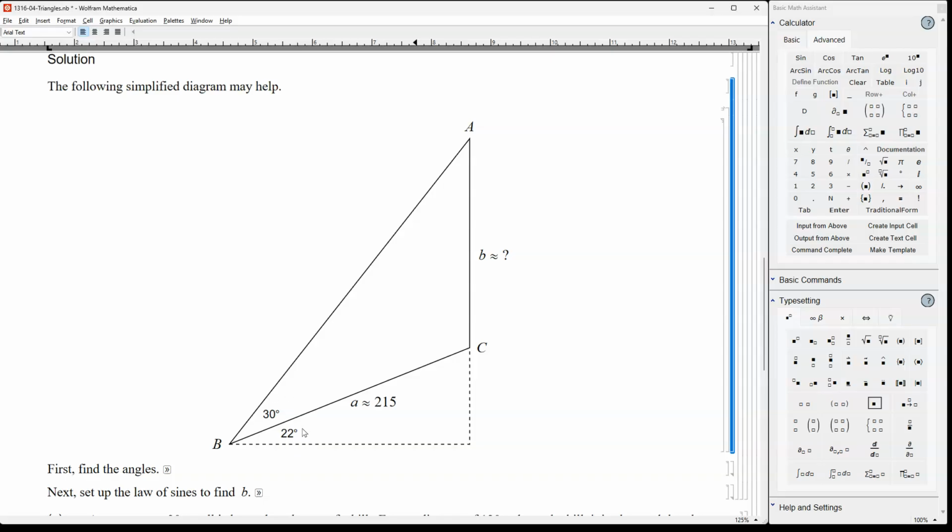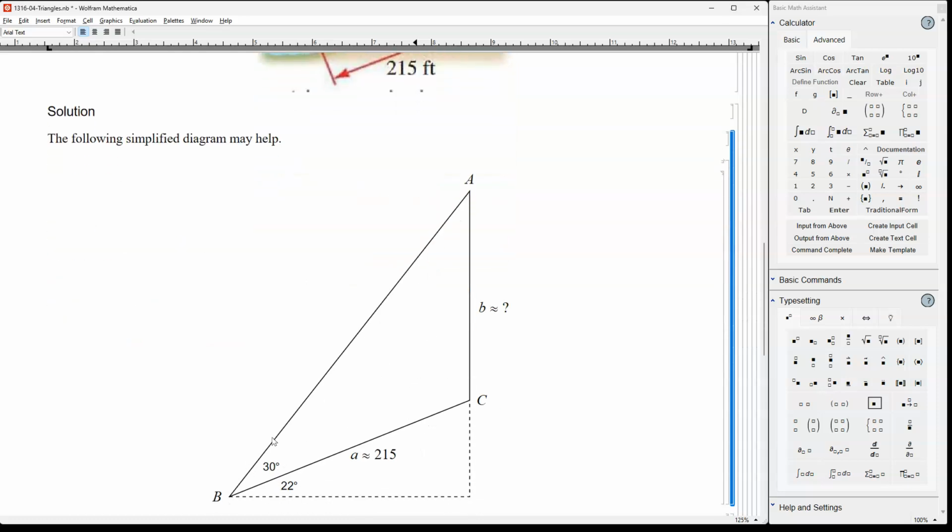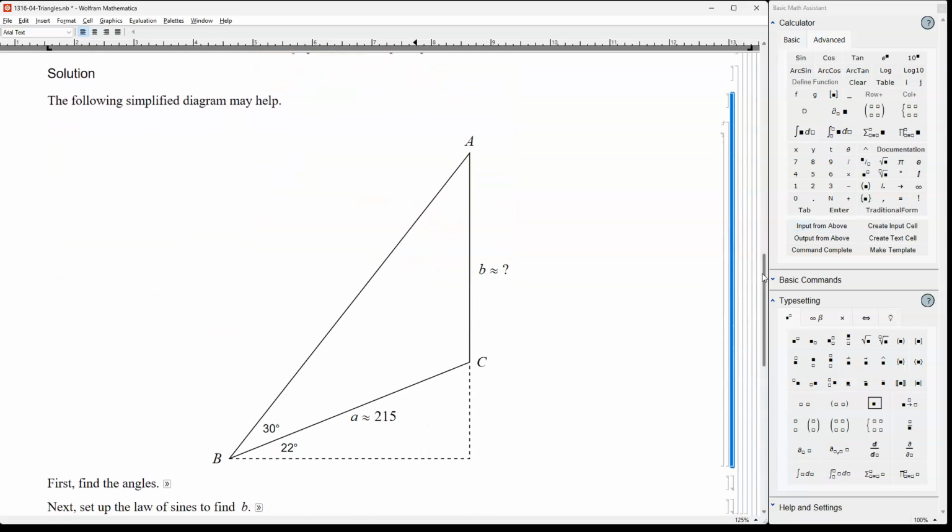So subtracting 22 from 52, we get 30 degrees here. See that? 52 degrees of angle of elevation here, minus 22 degrees, so we get 30 degrees there. Okay, we got one angle. How about the other angles?